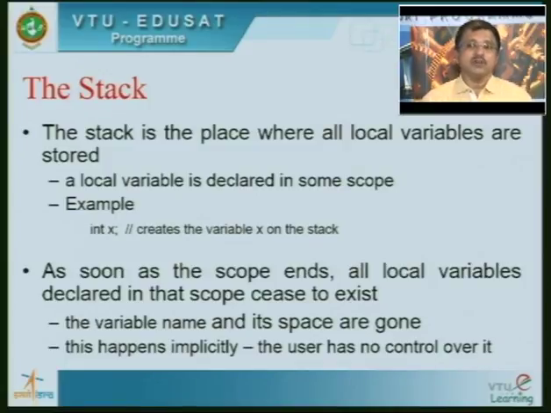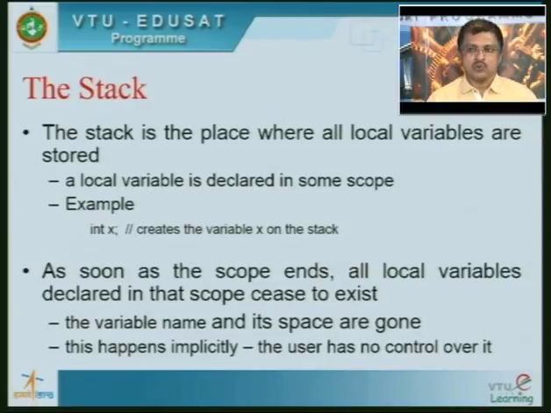A local variable is defined within a function and it has a scope. For example, if I say int x, a variable x is created on the stack for that particular function, and that x will be available to that function as long as the control remains within that function. The moment the control gets transferred either to another function or to the calling function, x ceases to exist.